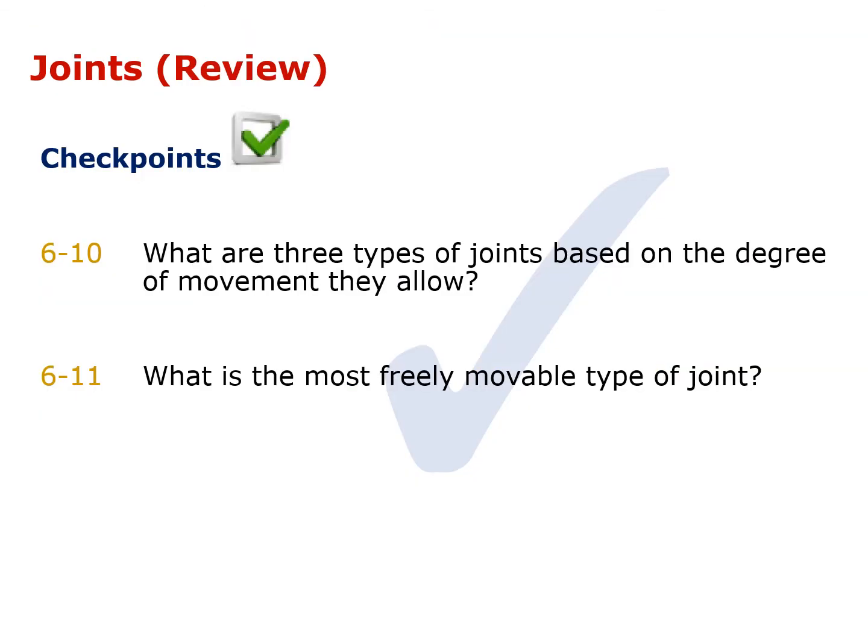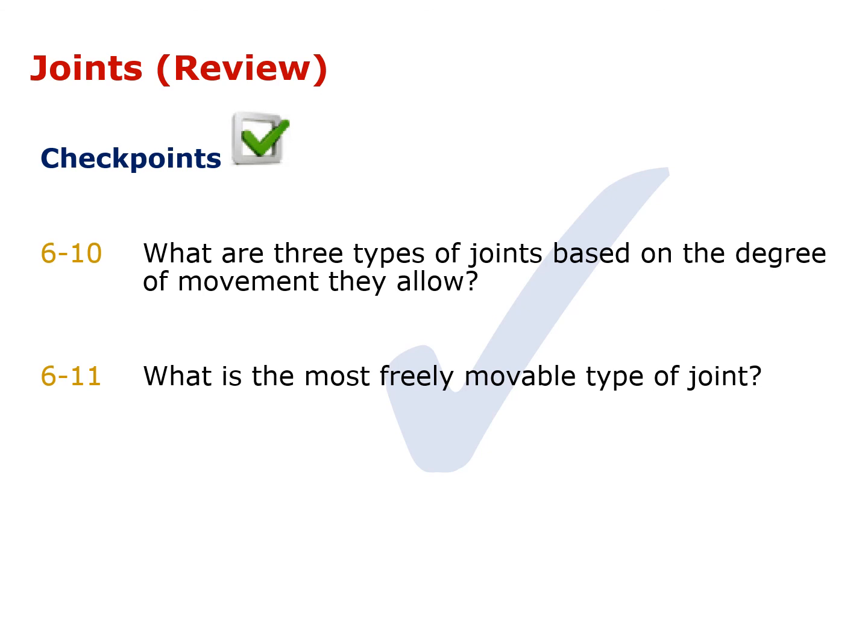What are the three types of joints based on degree of movement they allow? Synarthrosis, amphiarthrosis, and diarthrosis. We also call our diarthrosis our synovial joints. And what is the most freely movable type of joint?